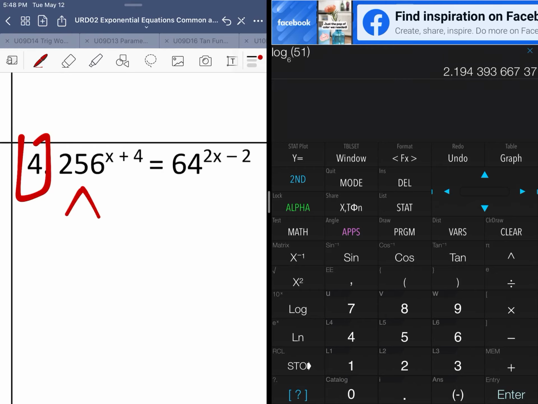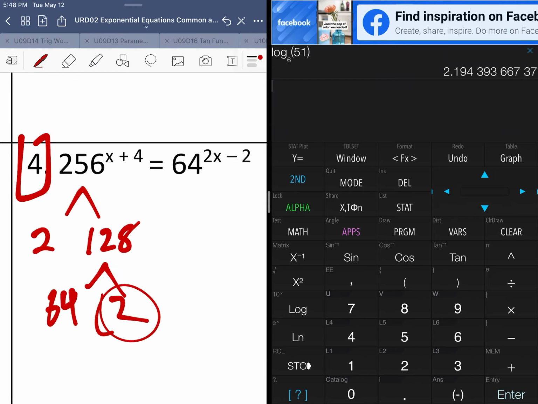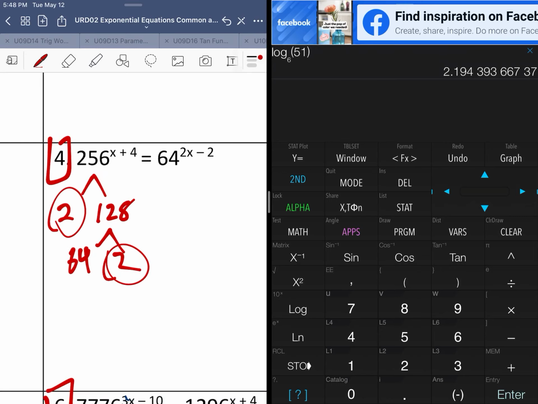So 256 is equal to 2 times 128. 128 is equal to 64 times 2. Every time I get a prime number, I'm taking note of what it is.